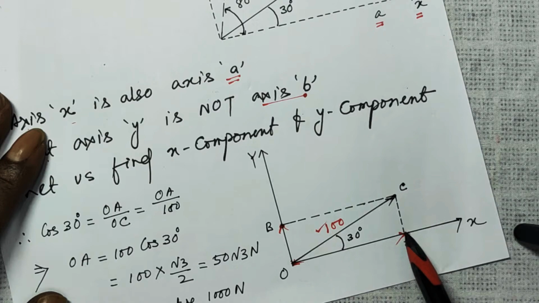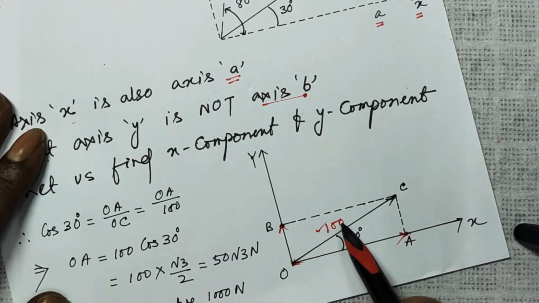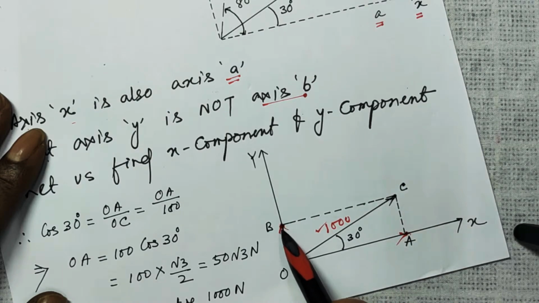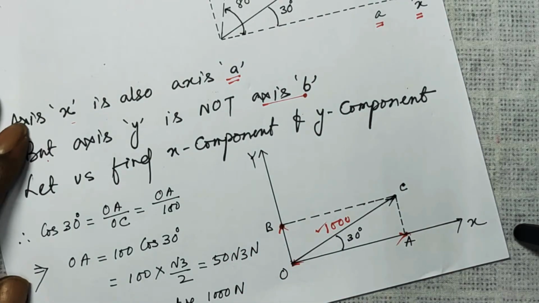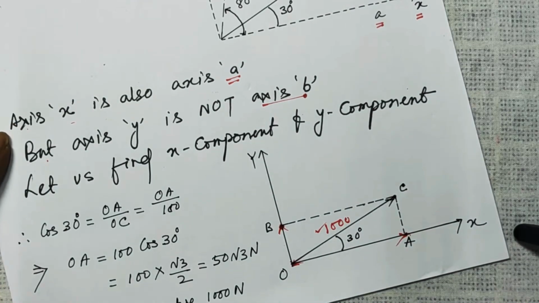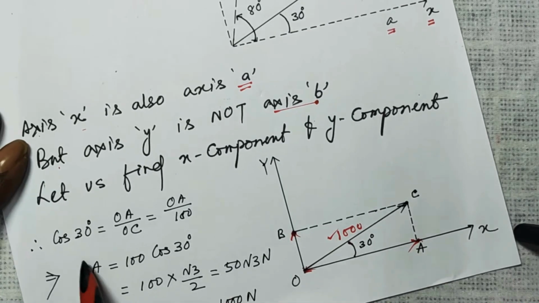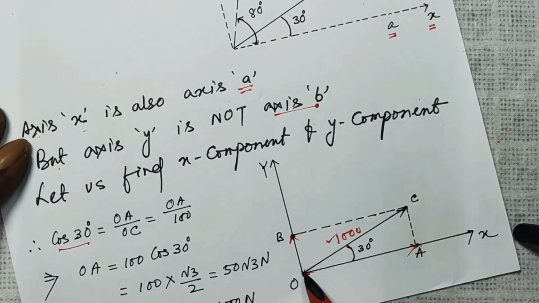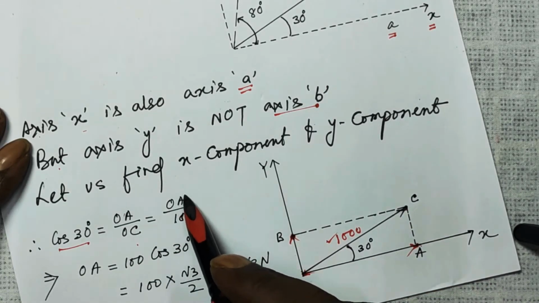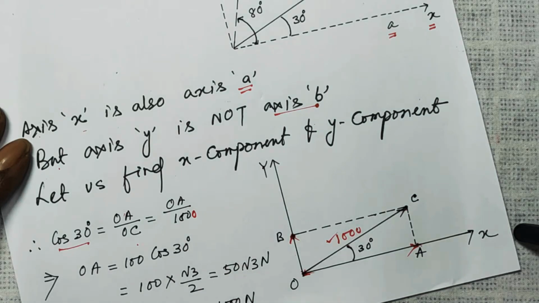So OA is the x component of the 1000 Newton force, and OB is the y component. Taking this angle as 30 degrees, cos 30 is equal to the base OA over the hypotenuse OC, that is OA over 1000.